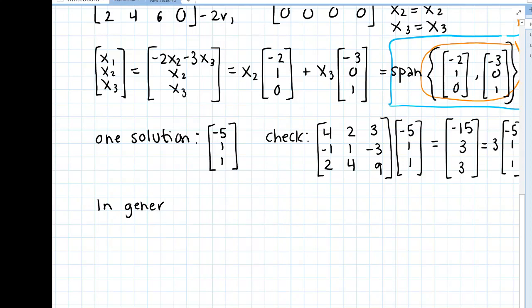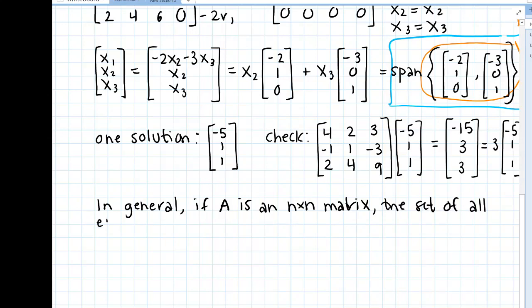In general, if A is an n by n matrix, the set of all eigenvectors corresponding to a specific eigenvalue, because remember, one matrix can have multiple eigenvalues, and we'll see that later today.